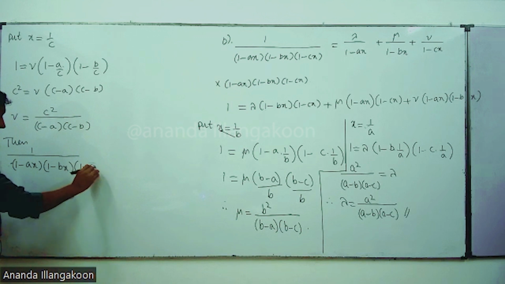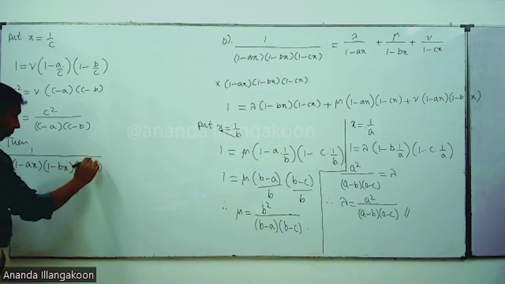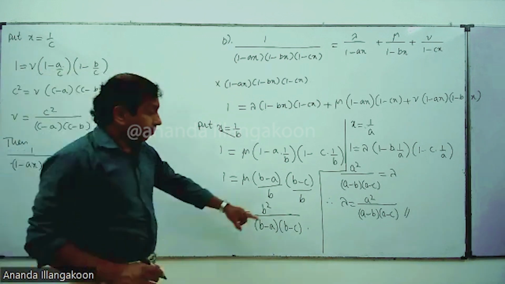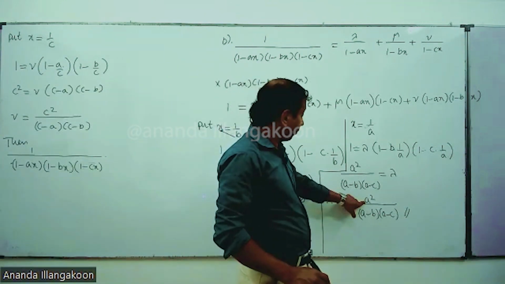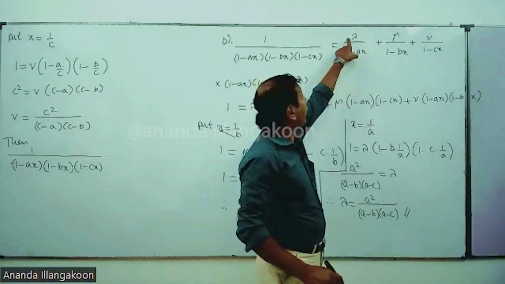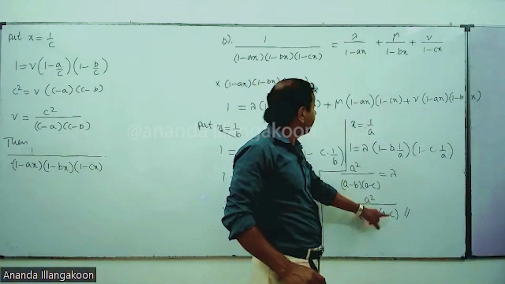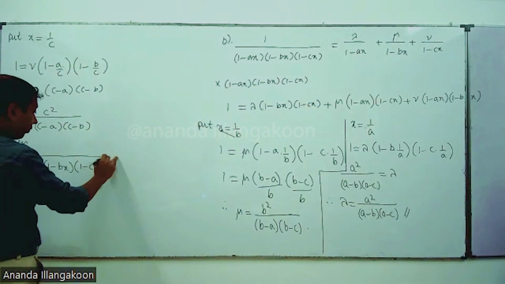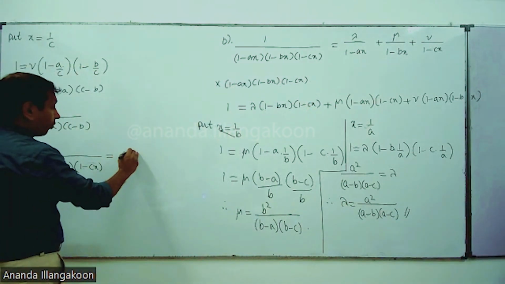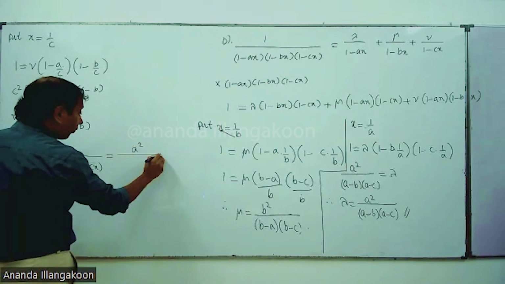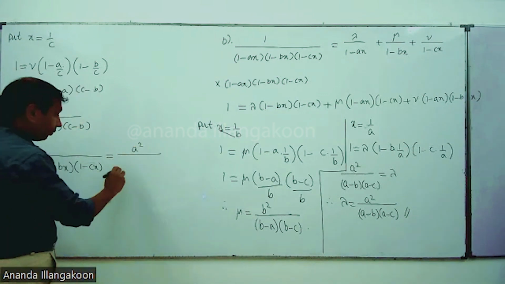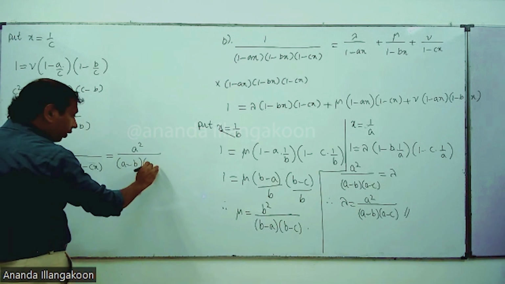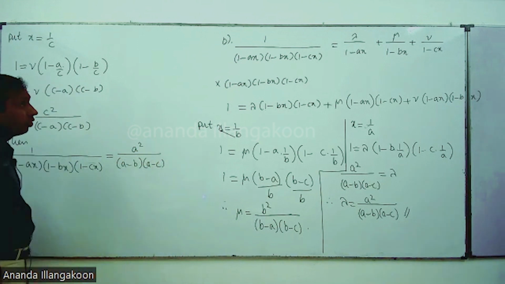Equals lambda, this a squared divided by this into this, a squared divided by a minus b, a minus c. I just substitute for lambda.